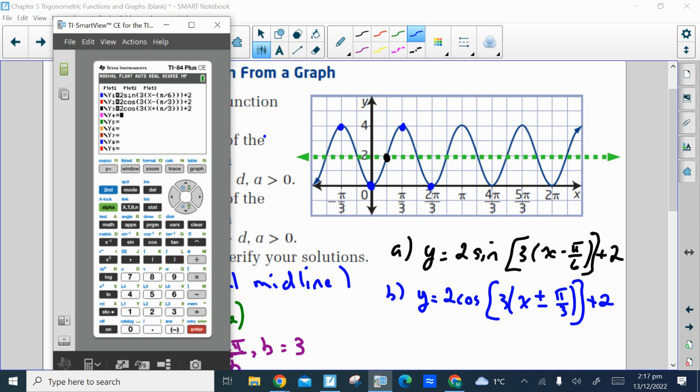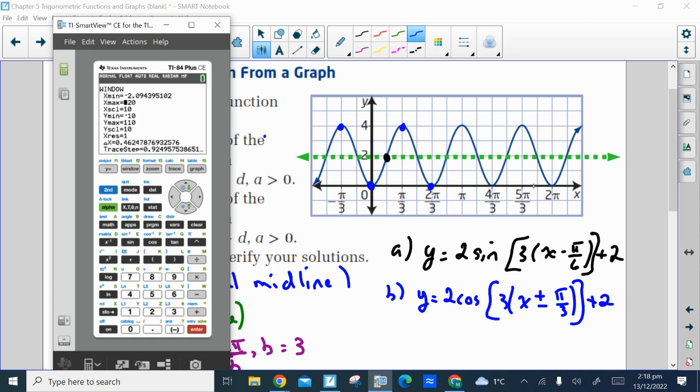Now before we can hit graph, we've got to adjust our windows as well. If I use the same scale as what's on this grid, which we should, we also have to be in radian mode because those values are in radians. So for my windows, I'm going to go from negative 2 pi on 3 on the x-axis up to positive 7 pi on 3, right?